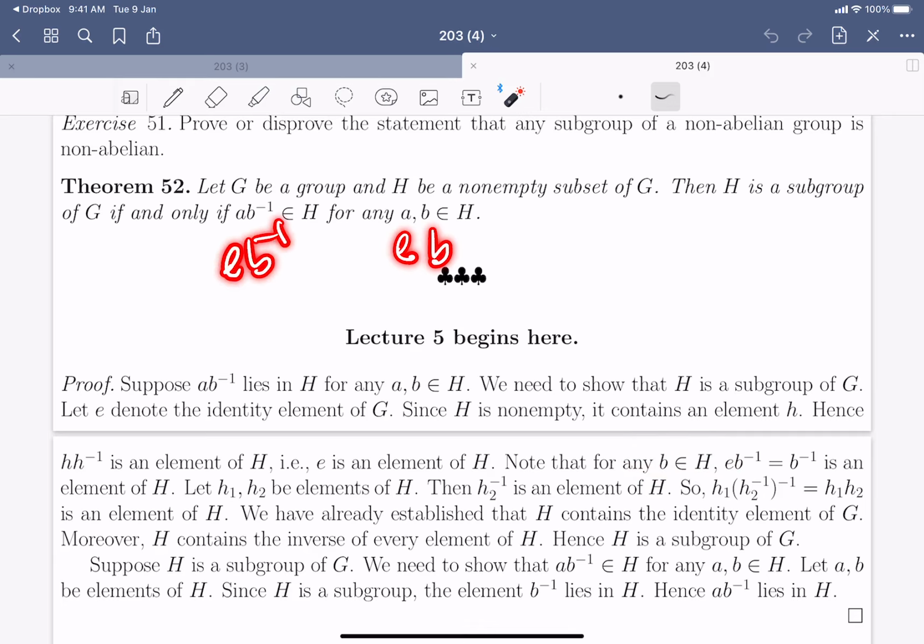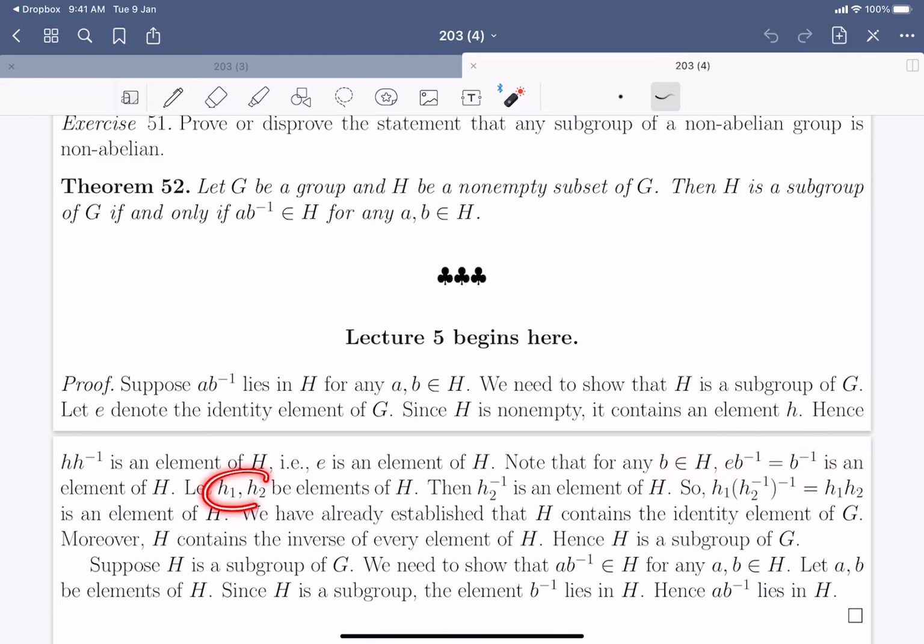So e times b inverse, which is nothing but b inverse, has to be an element of H. In other words, there are two things that we have proved. We first show that H contains the identity using the information that H is non-empty and this hypothesis. Then using the same hypothesis, we show that H contains the inverse of any element of H.